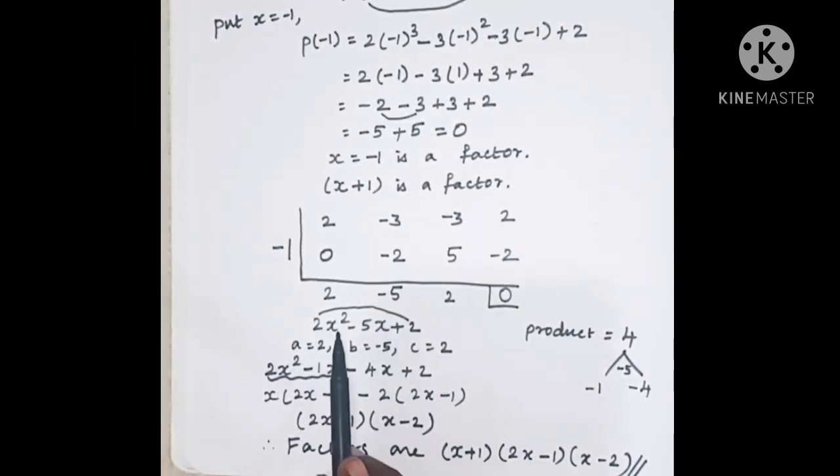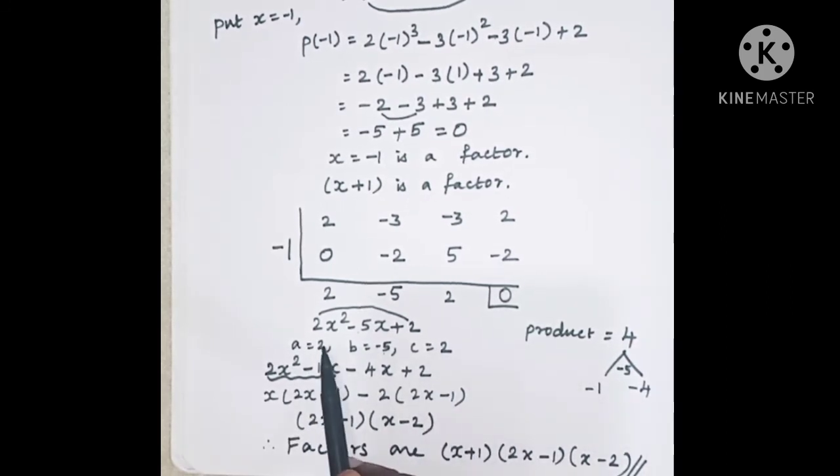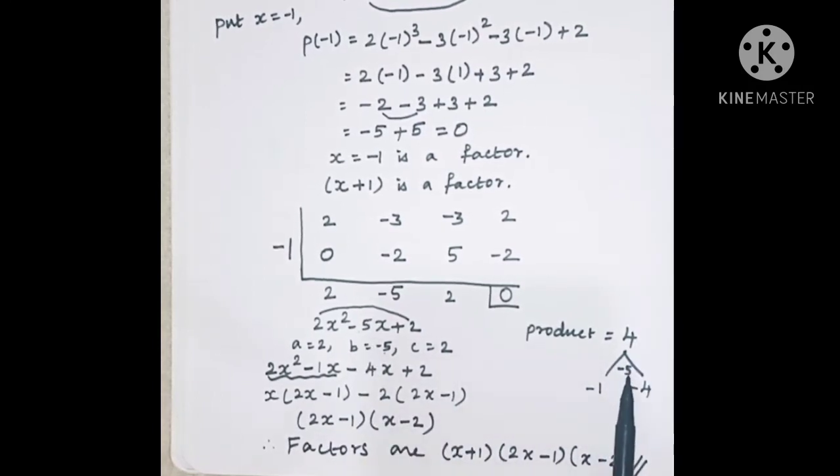Factorizing this term 2x square minus 5x plus 2. Here a is equal to 2, b is equal to minus 5, c is equal to 2 again. So the product is a into c, 2 2s are 4, and the sum is minus 5. The two numbers are minus 1 and minus 4.